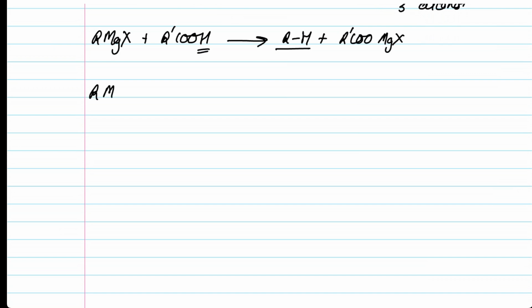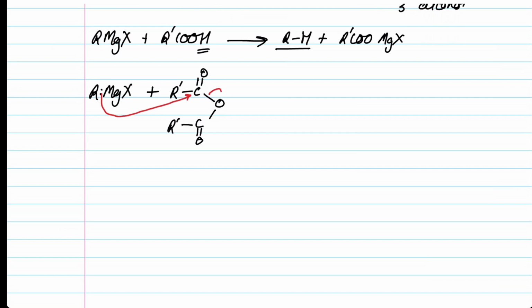Let's talk about the reaction of Grignard reagent with acid derivatives. We have RMgX and we react it with, let us say, anhydride, R-C double bond O, O, C double bond O, R dash. Here, the alkyl group is going to attack on the electrophilic center. The electrophilic center again happens to be the carbon with the double bond.